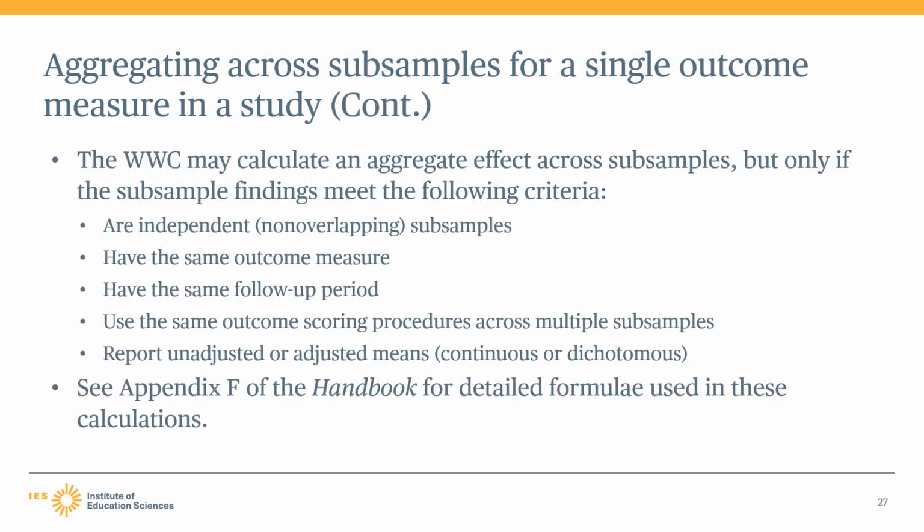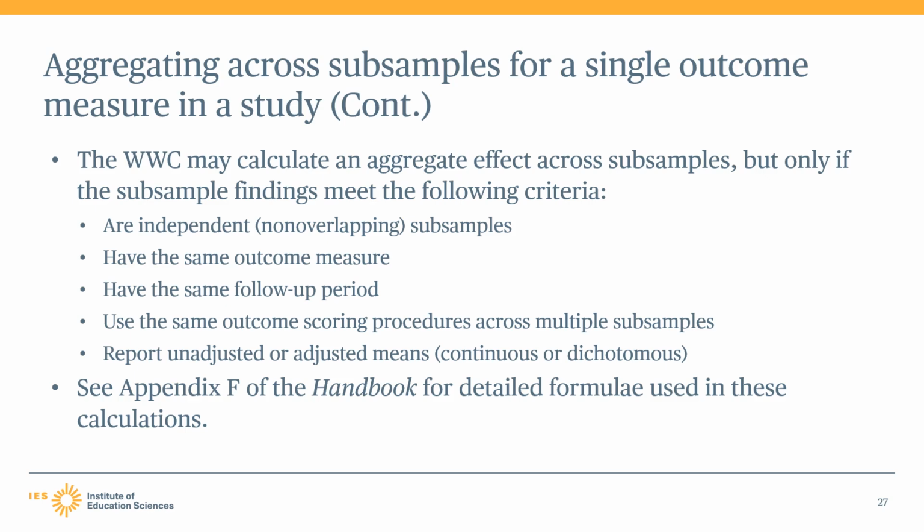The WWC only will aggregate across subsamples for a single outcome measure within a study if the subsample findings meet the following criteria. First, the subsample findings must be independent or non-overlapping. Second, the subsample findings must have the same outcome measure.